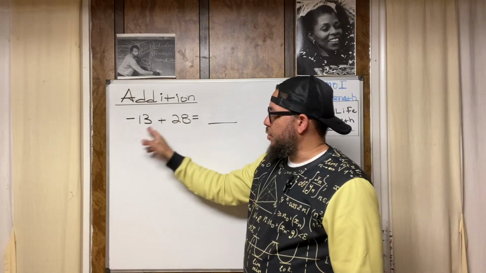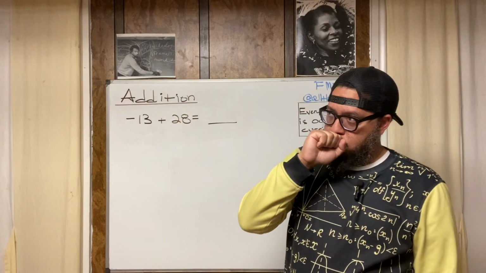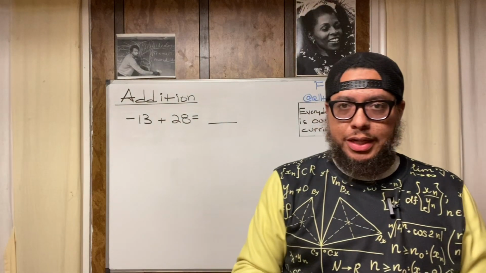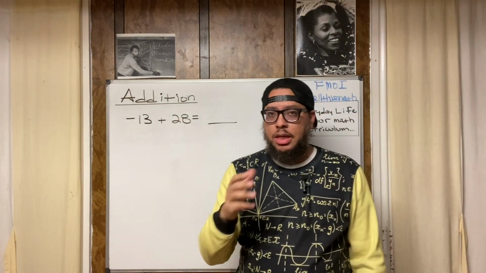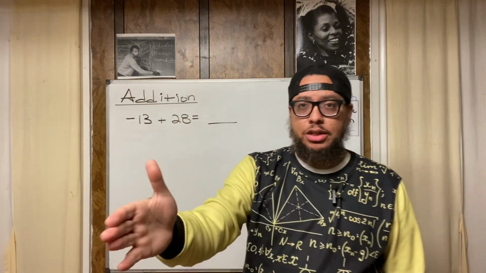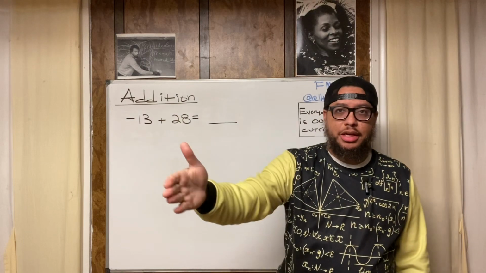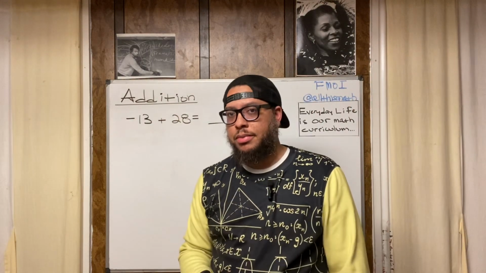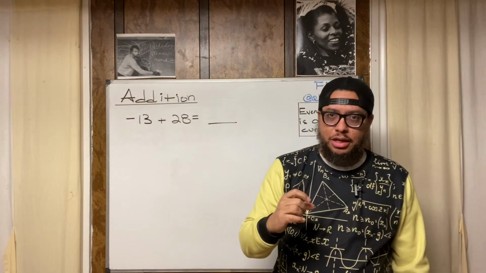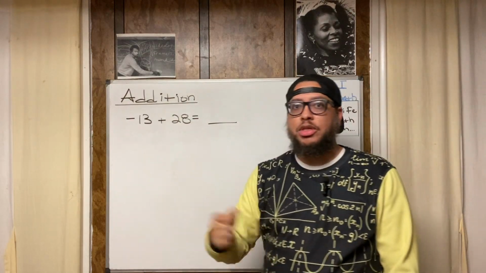All right, so negative 13 plus 28. Let's think about that conceptually. This is kind of abstract, but what if it was a real life situation? Let's say you're an adult or a teenager. You have a checking account. You make a mistake. You overdraw your account. You didn't balance your checking account, you spend too much money.